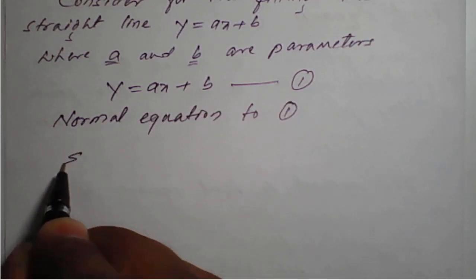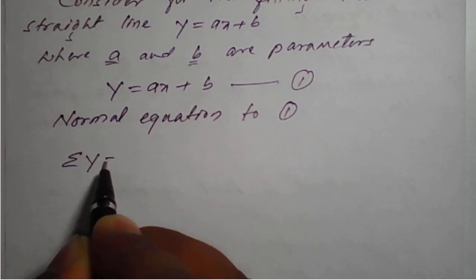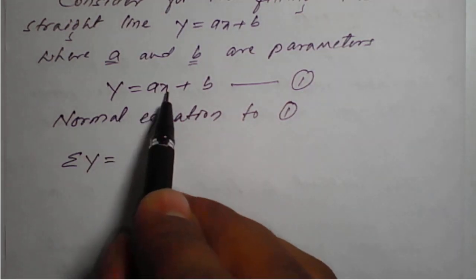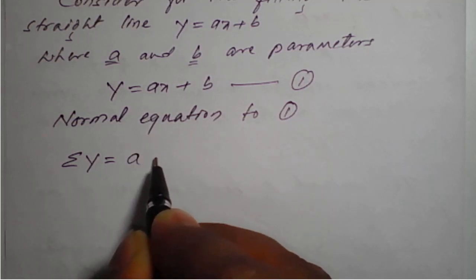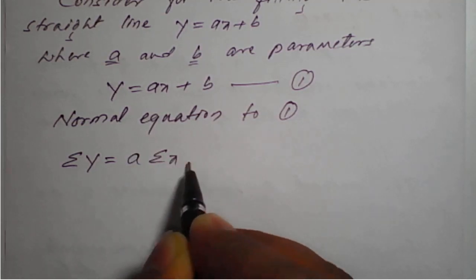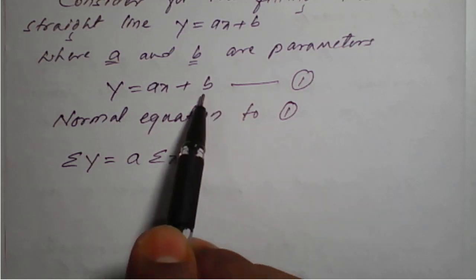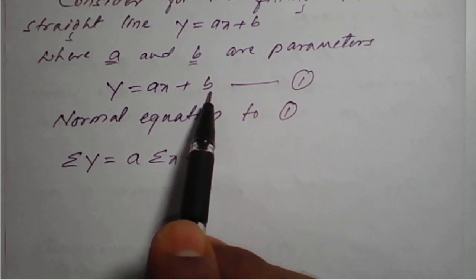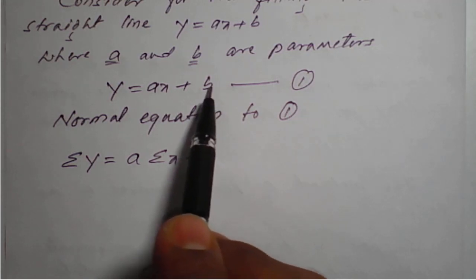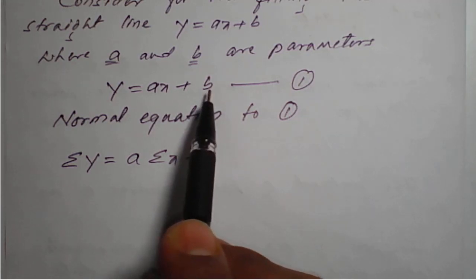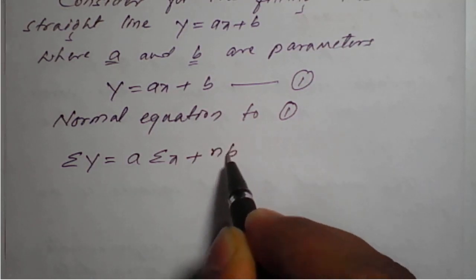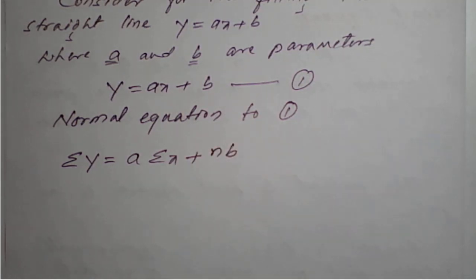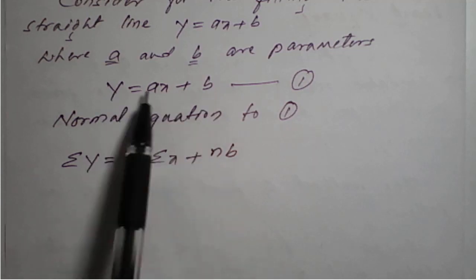Means summation y is equal to summation of ax, which is a into summation of x, plus b. We don't have any variable here, so it is purely constant. For the constant, you always have to multiply n into b. Fine. So take summation on both sides.